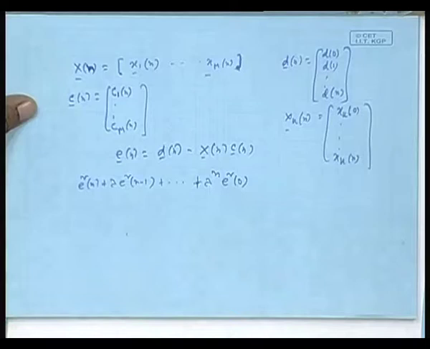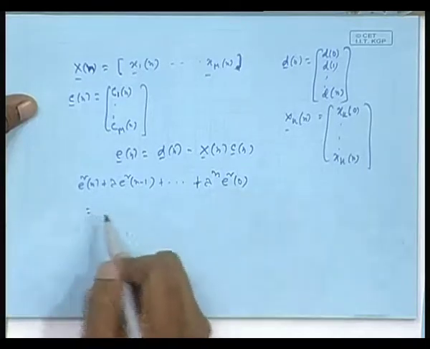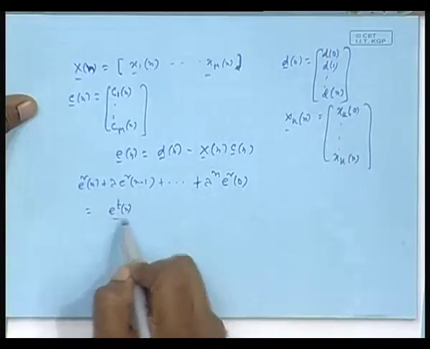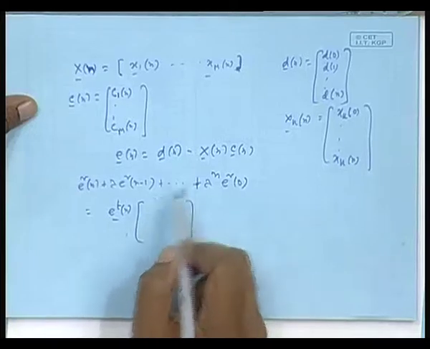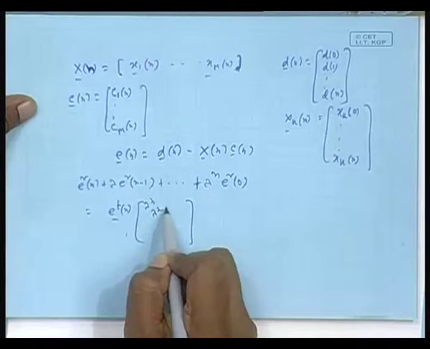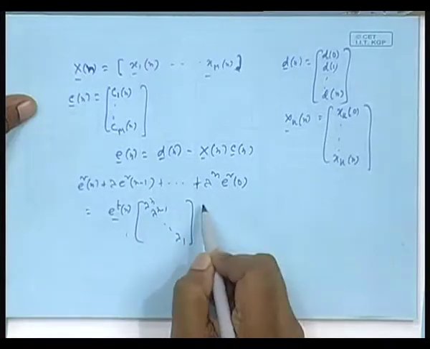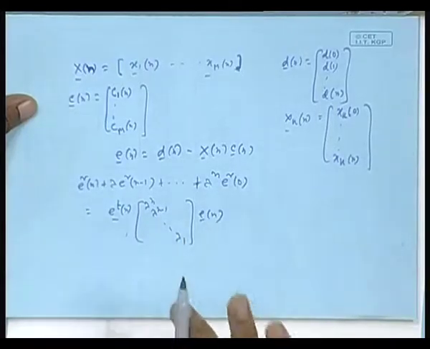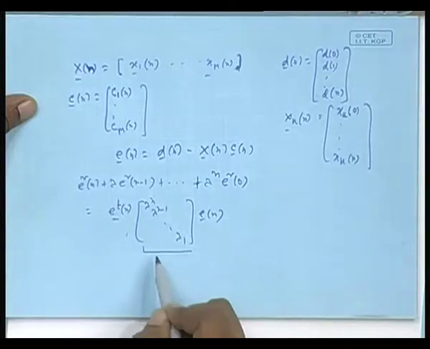This is the norm, and this we can write as E transpose n. This we have done in the lattice case, so you should not get confused. That time I gave a name to this matrix. What is the name I gave?